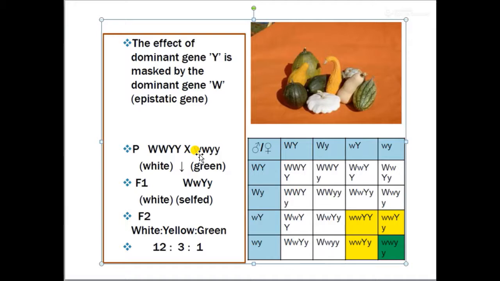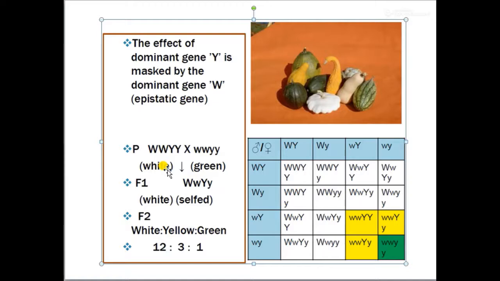In the case of Mendelian ratios, the concept of dominant and recessive was given for two different alleles. That is, capital W is dominant and small w is recessive. But here, in the case of epistasis, we can see that the expression of one gene, Y, is being controlled, masked, inhibited or sometimes modified by an epistatic non-allelic gene W. So that is a case of epistasis.